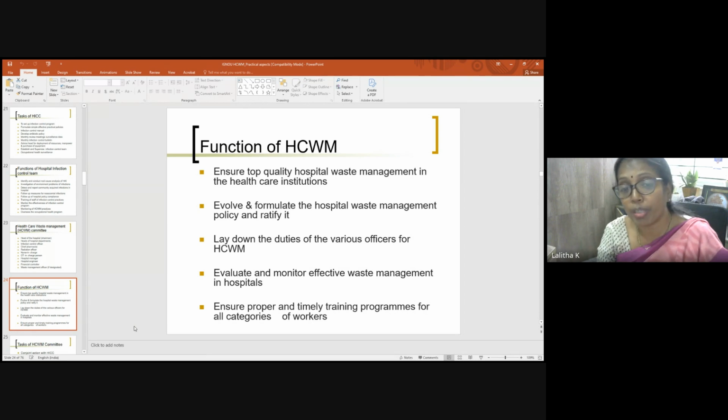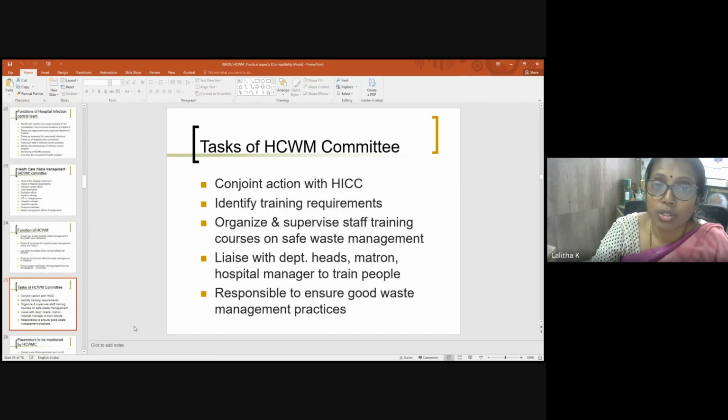This training should be documented, because it is a legal requirement. People have to show documents if they are asked about training. So they need to work along with the HICC, identify the training requirements, conduct training programs, and also be responsible to ensure that good waste management practices are in place.